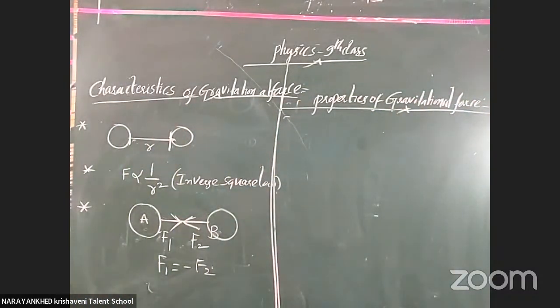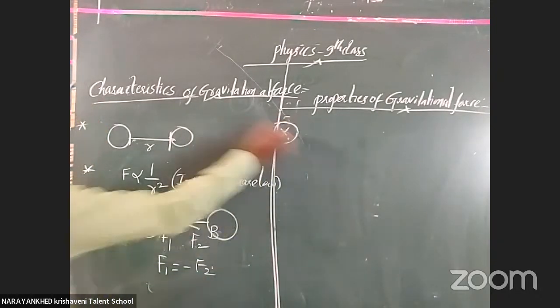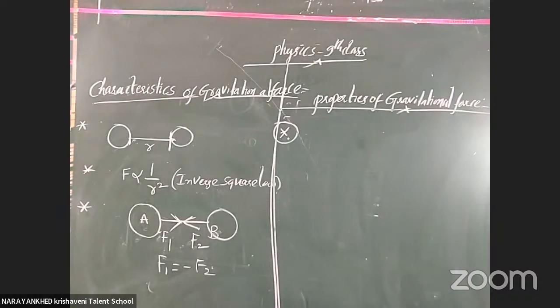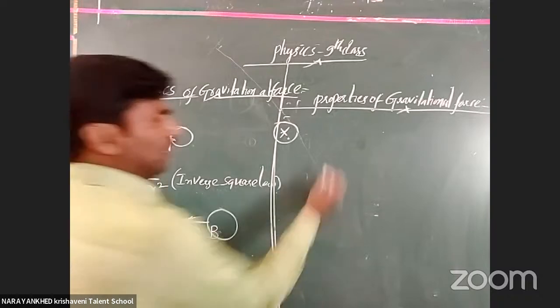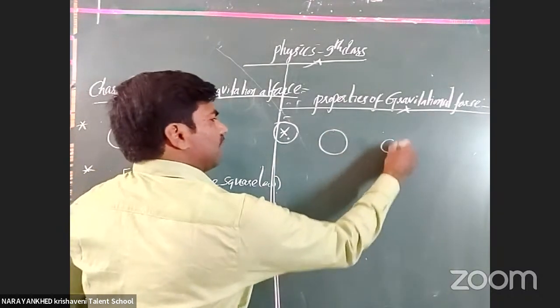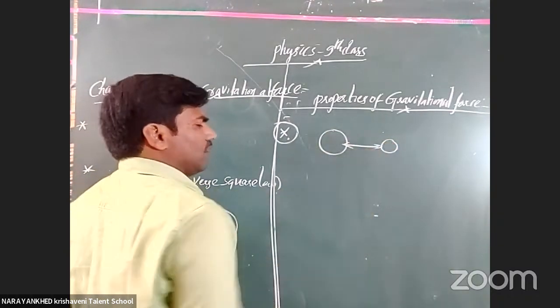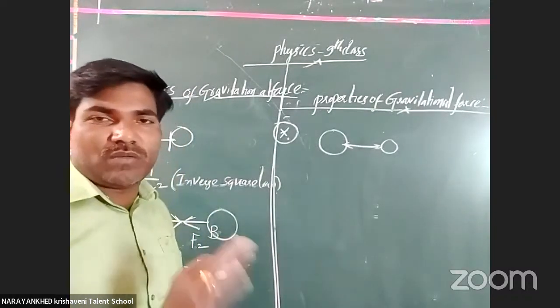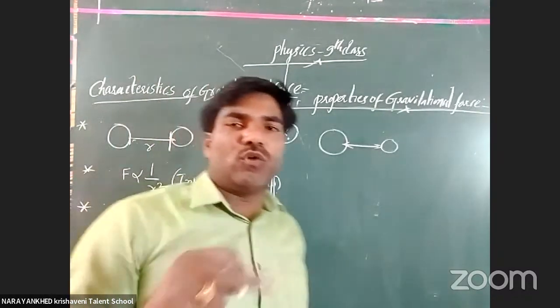First, gravitational force does not depend on the medium between the two bodies. Whatever the force between one body and another, it does not depend on the medium contained between the two bodies.